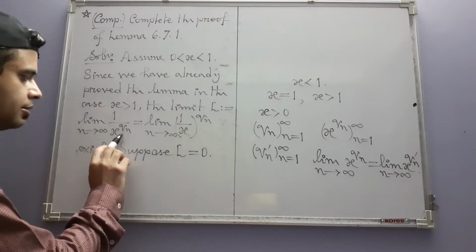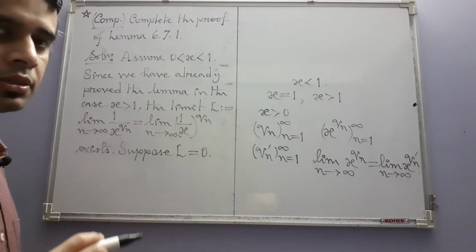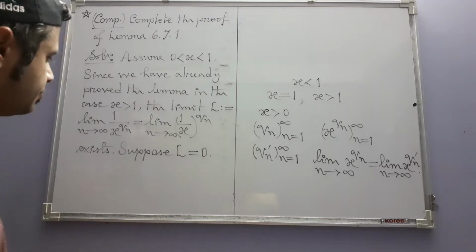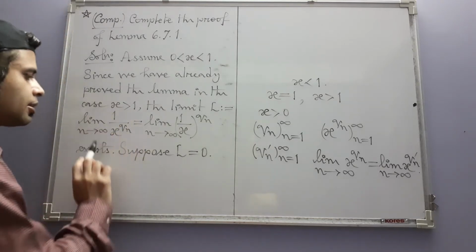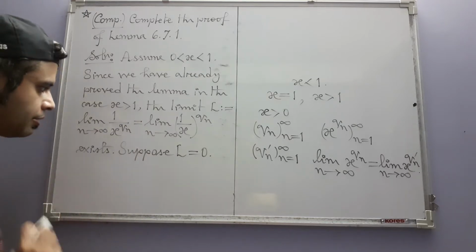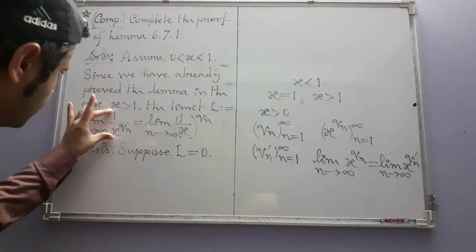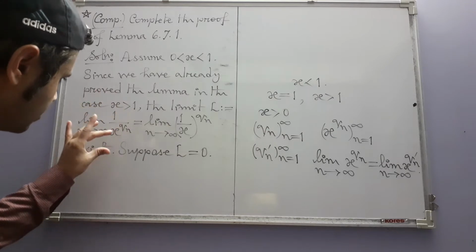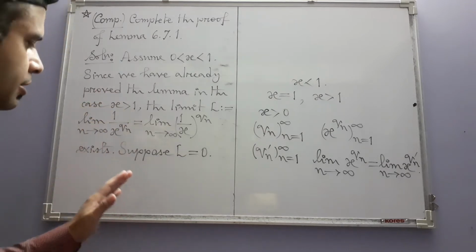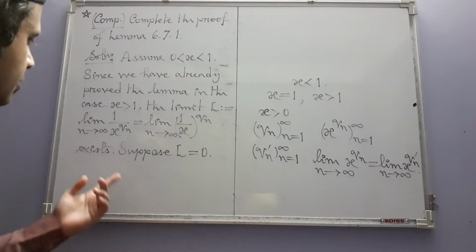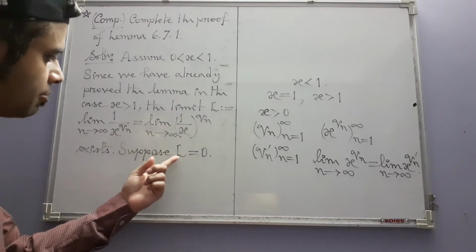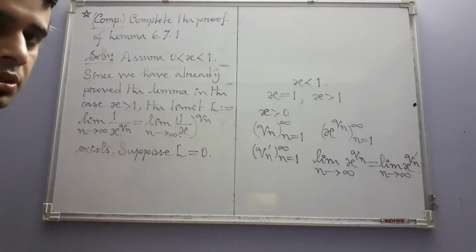And that is coming from lemma 569 part A. We have already proved that. So these reciprocals are also positive. That means this sequence whose nth term is 1 over x to the power qn is a sequence of positive real numbers. But still there is a possibility of having a 0 limit.